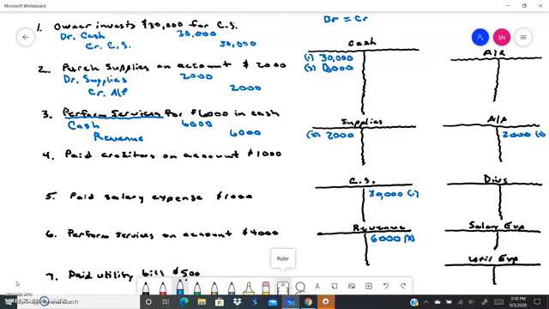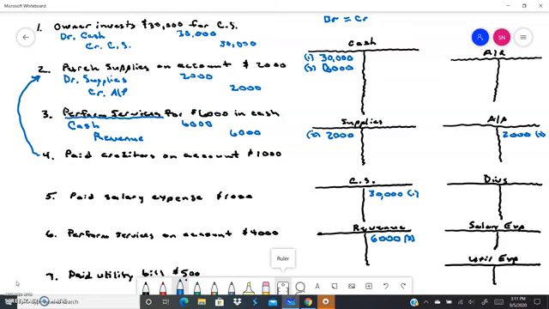Item number 4, paid creditors on account, $1,000. So we're paying off part of the $2,000 that we owed in number 2 above. So we owe $2,000, we're paying off $1,000. We're using cash to pay that off. So which accounts are being affected?